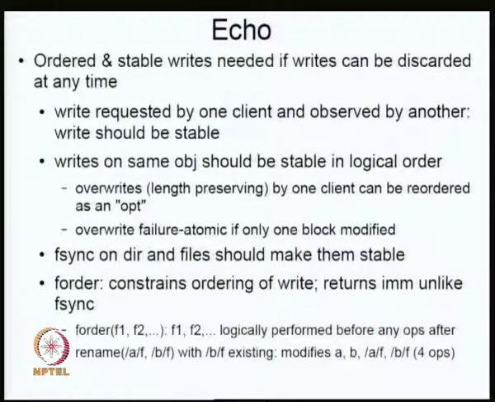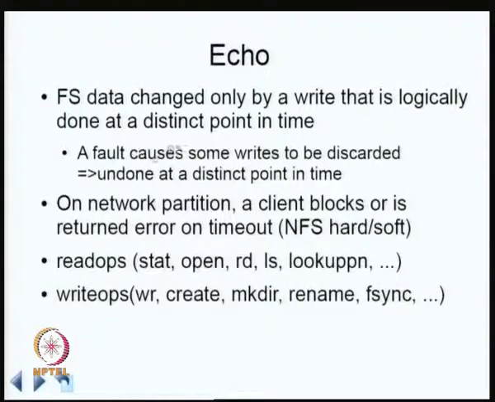So if you want to keep the file system consistent, then if you are going to drop some writes, because as I mentioned, because of faults, some writes can be discarded because they are sitting in memory still. Okay, and we are saying that it is undone at a distinct point in time, and we do not want any inconsistent results. Basically, in some sense, it should look as though time is always progressing in the forward direction.